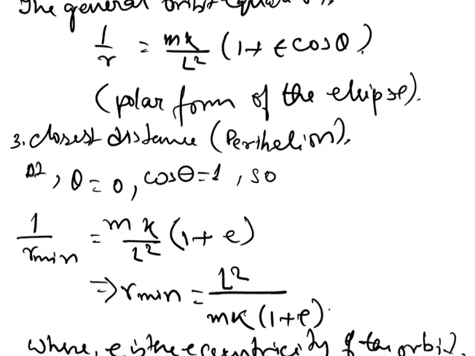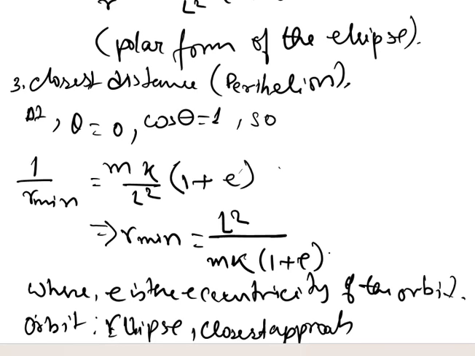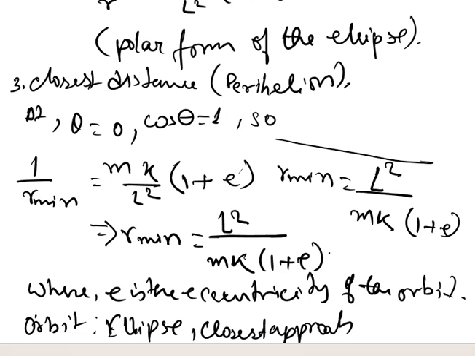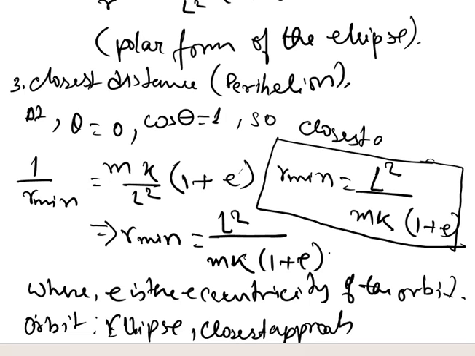So closest approach we can write as r minimum equal to L square by mk into 1 plus e, and the orbit is an ellipse. Hope the answers are clear. So thank you.